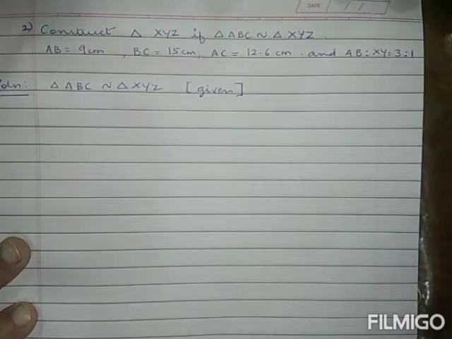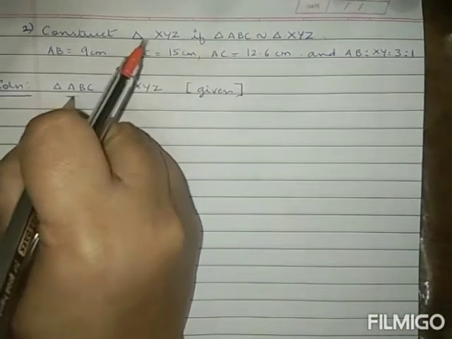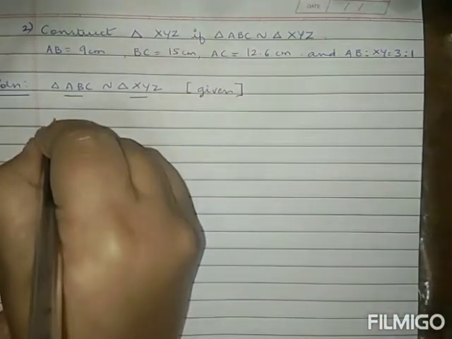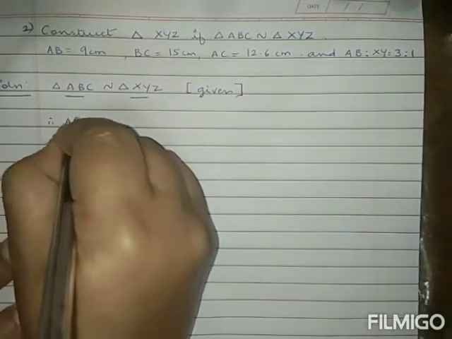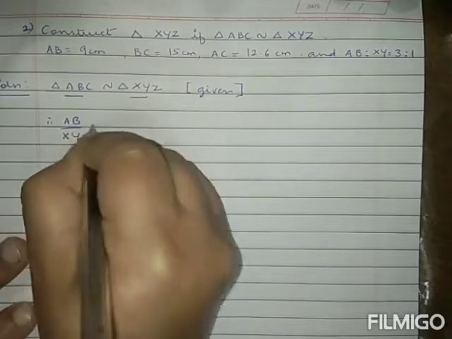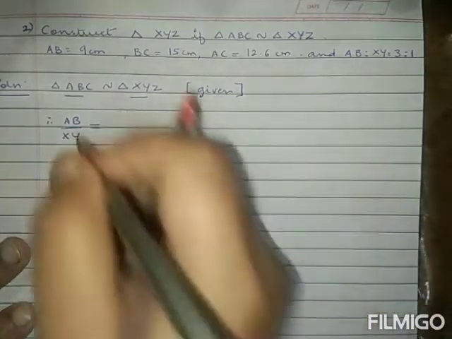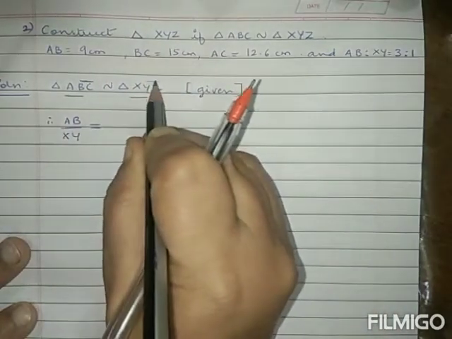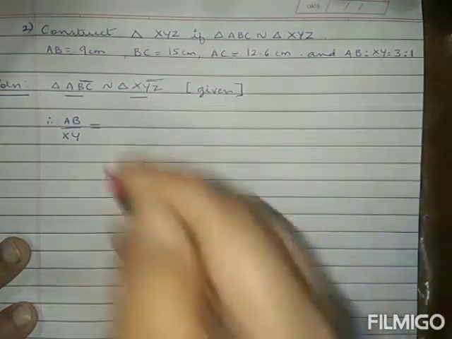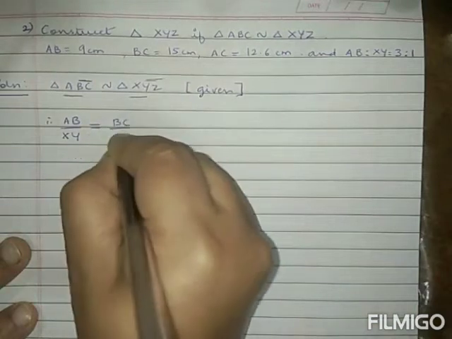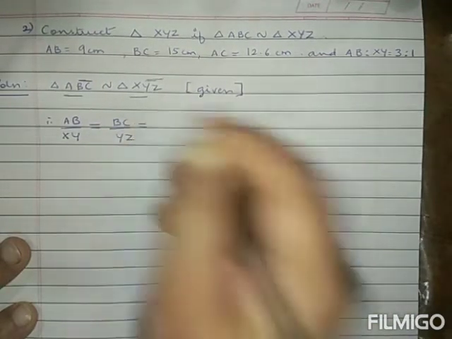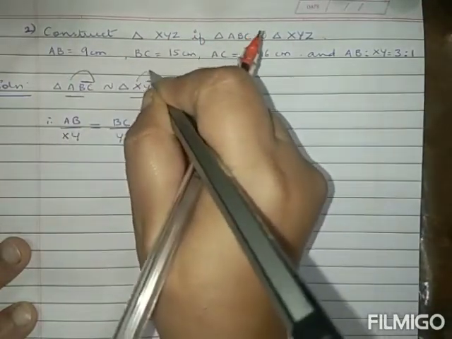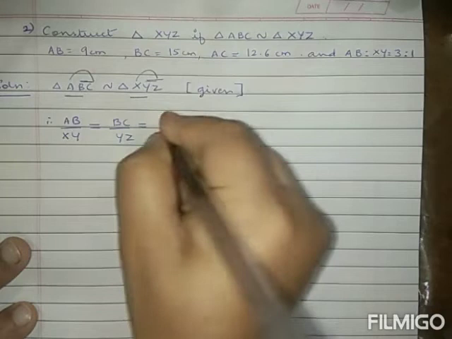So it is AB upon XY equal to BC upon YZ equal to AC upon XZ.